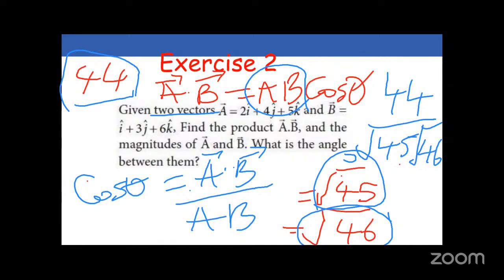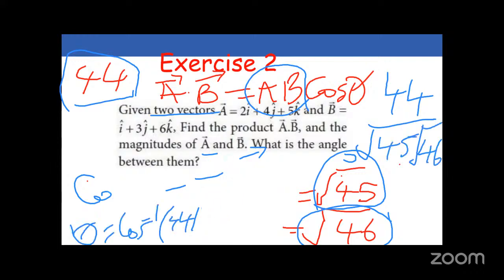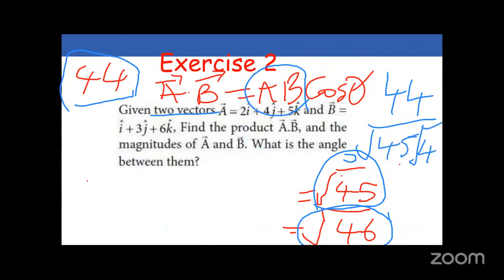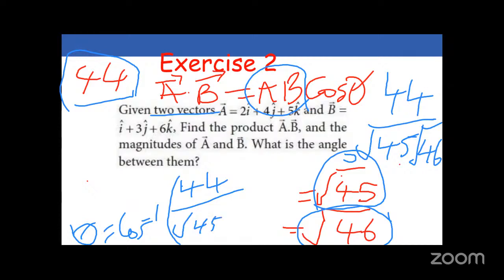So after you have simplified this, theta will be cos inverse of 44 over root 45 times root 46.